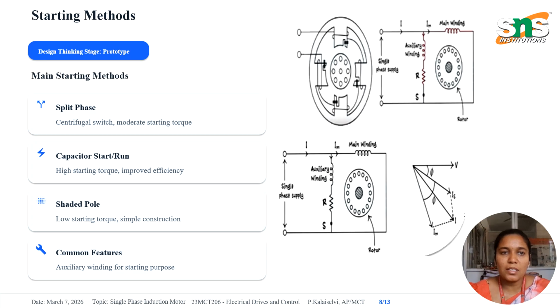A capacitor connected in series with the auxiliary winding is called a capacitor start motor, which produces a large phase difference and high starting torque. A capacitor remaining permanently connected in the circuit is called a capacitor-run motor, which improves the efficiency and power factor. The shaded pole motor uses a shading coil around part of the pole. Simple construction but low starting torque.